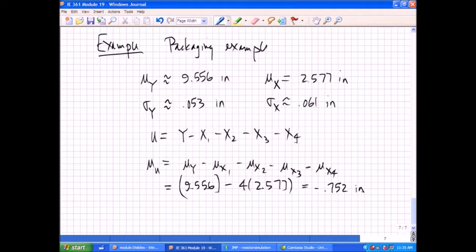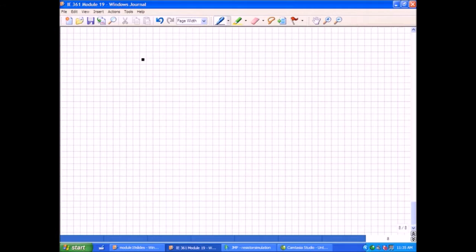Of course you can't get those units of product into the box. On average, you're 3/4 of an inch short, is what this says. And beyond that, the variance for this head space will be 1 squared times 0.053 squared, and then there will be 4 terms that are minus 1 squared times 0.061 squared.